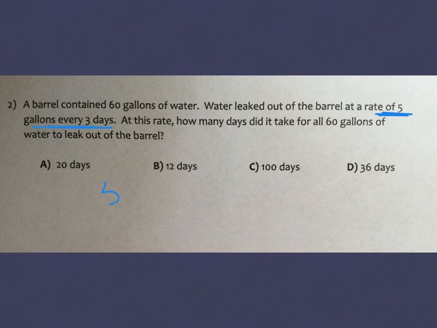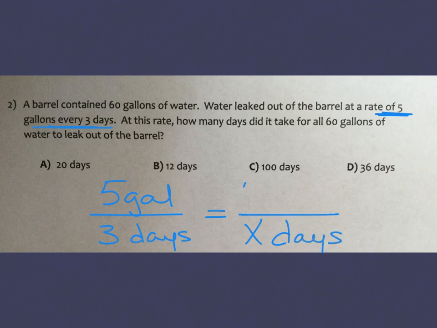Well, if I've got 5 gallons leaking out every 3 days, and they want to know how long would it take, we don't know how many days, for all of the water to leak out. So that would be 60 gallons, all of the water in the barrel.